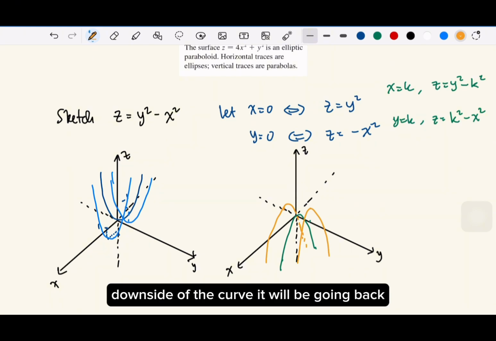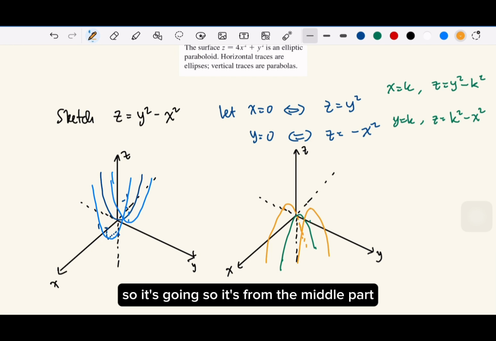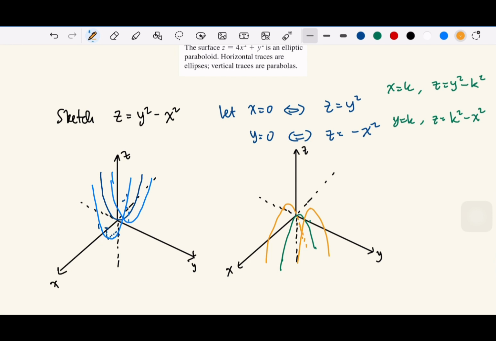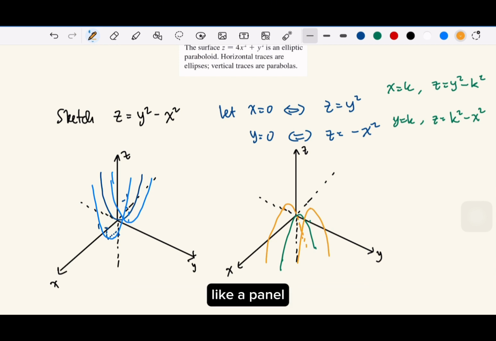It will be going that way, and if we go over the negative axis, it will also be going that way. Okay. So from the middle part, you are going to the negative part of y, and you're going to the positive of y. Like a tunnel. You can imagine it like a tunnel. So you have a car, and it's like a tunnel.